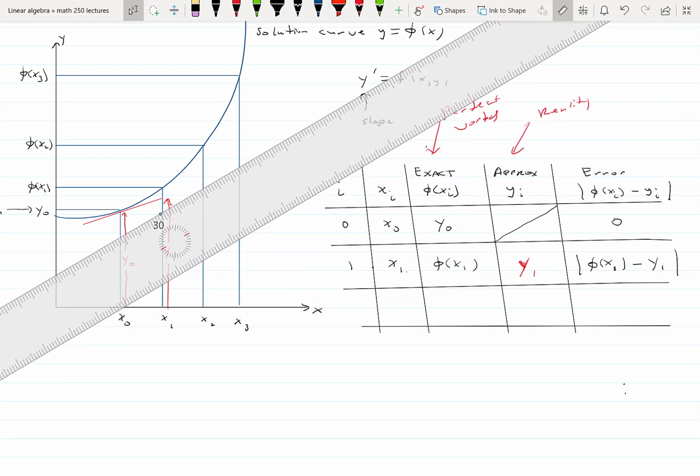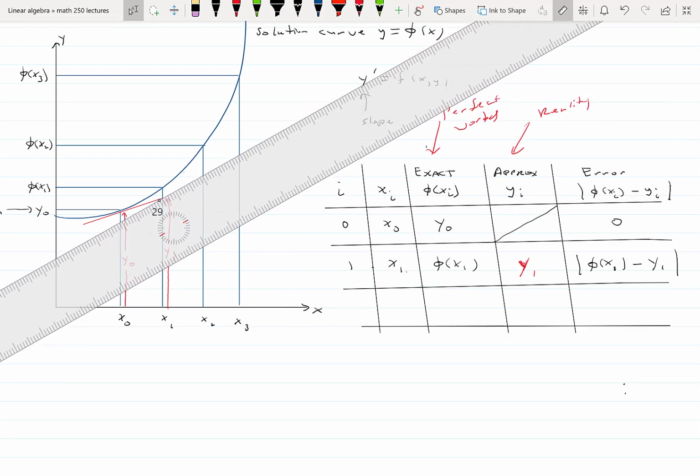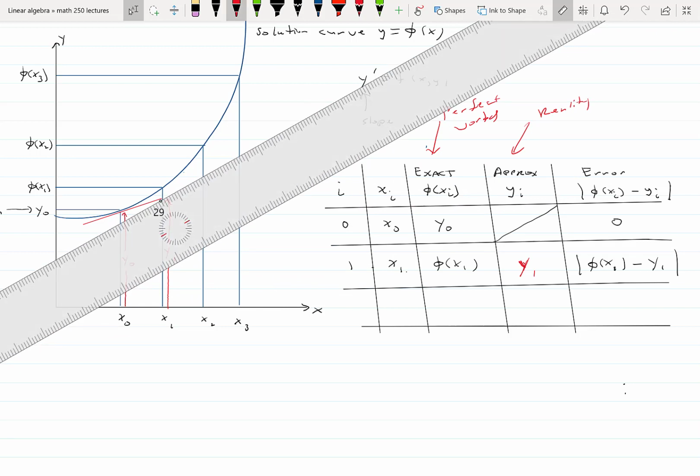So at y1, I'm going to use another line that goes through x1, y1, and I'm going to use as a slope the differential equation evaluated at x1, y1. So I'm going to get another line.